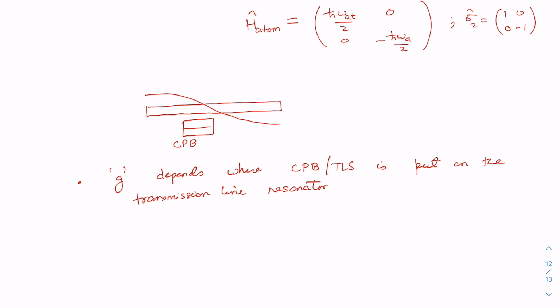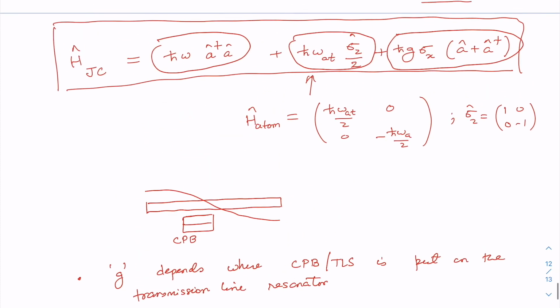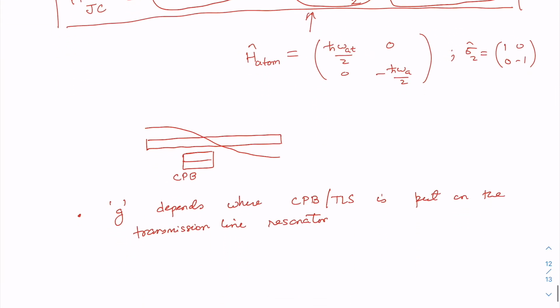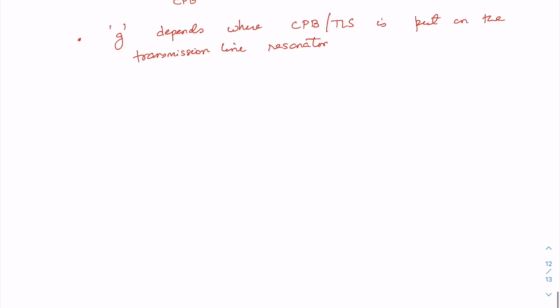Now we'll discuss the solution of this Jaynes-Cummings model, and for our convenience, let me take the ground state of our two-level system to be at 0, and the excited state would have energy ħ omega atom, where omega atom is the transition frequency between the ground state and the excited state.